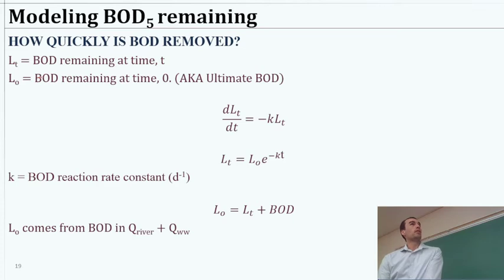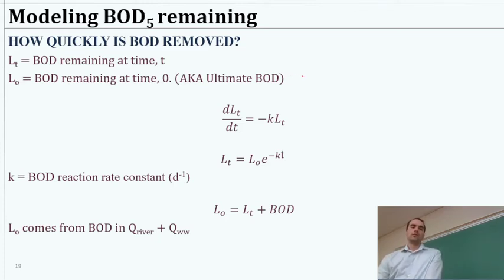But if we think about it, there could be more. And so we can define LT as how much is remaining in the system at some time. And then L naught would be how much is remaining at time 0, which is all the possible biodegradable related oxygen demand.